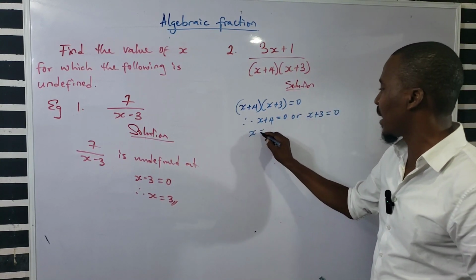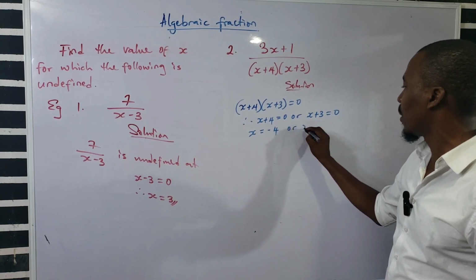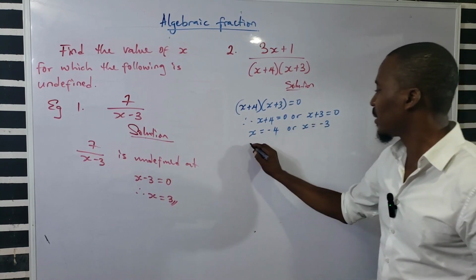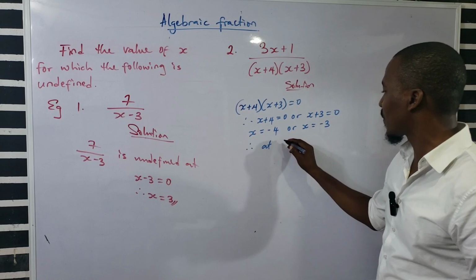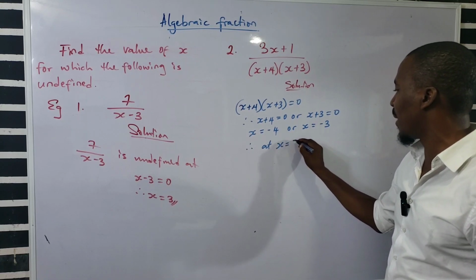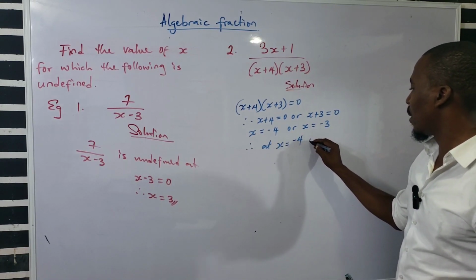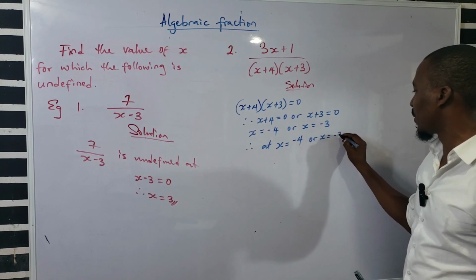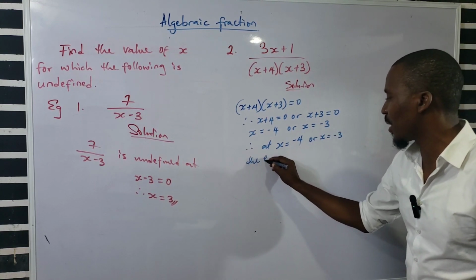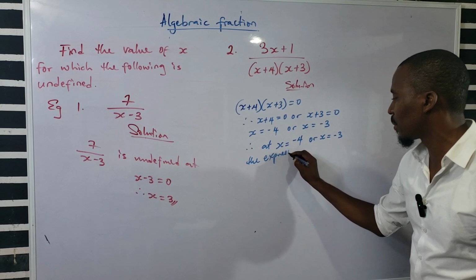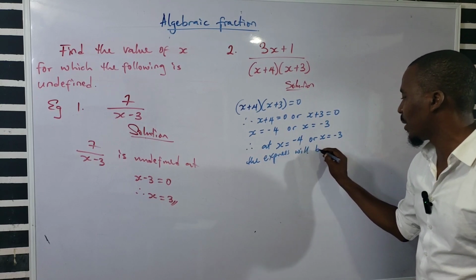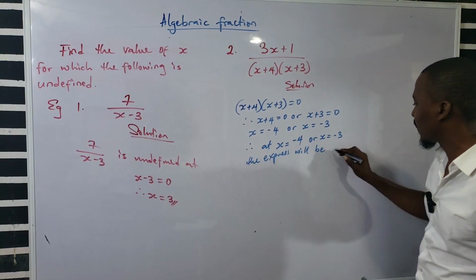So that will give us that x equals minus 4 or x equals minus 3. Therefore, at x equals minus 4 or x equals minus 3, the expression will be undefined.